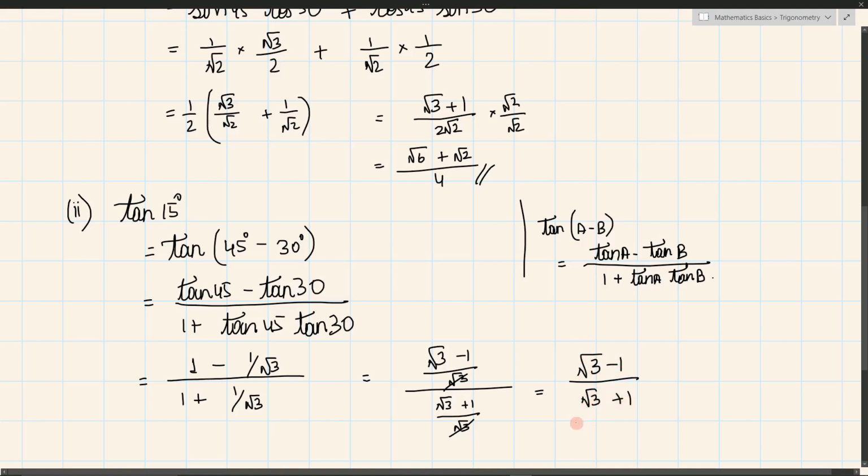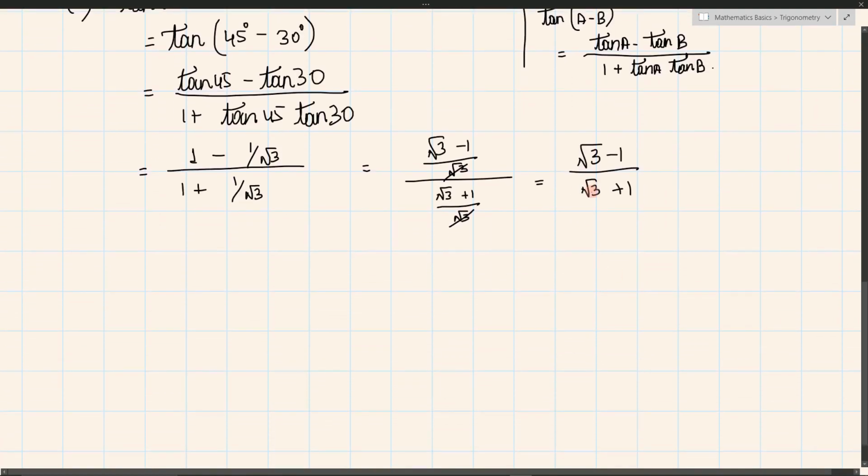So we have to rationalize the irrational number in the denominator. So we have to multiply and divide by root 3 minus 1 divided by root 3 minus 1. If we have plus here, we have to multiply with the minus. So what we'll have is root 3 minus 1 the whole square in the numerator divided by 3 minus 1.